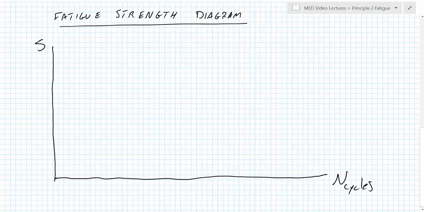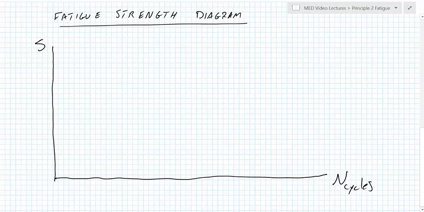So a cycle is that load being fully reversed. So a particular point on the shaft is at its maximum and it's in tension, and then it rotates around and it's at its minimum value, which is in compression, and then it's going to rotate around again and get back to the maximum. That's one cycle.